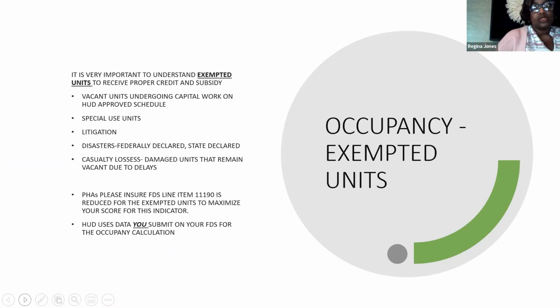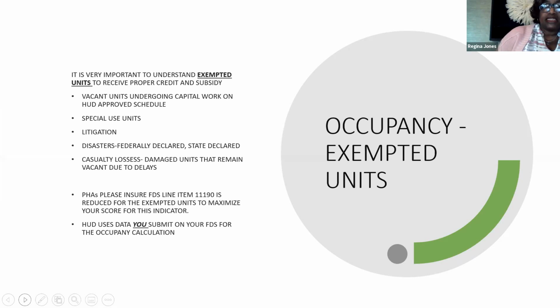Exempted units are vacant units undergoing capital work on a HUD approved schedule, special use units, litigation, disasters, which are federally declared or state declared, and casualty losses, damaged units that remain vacant due to delays.